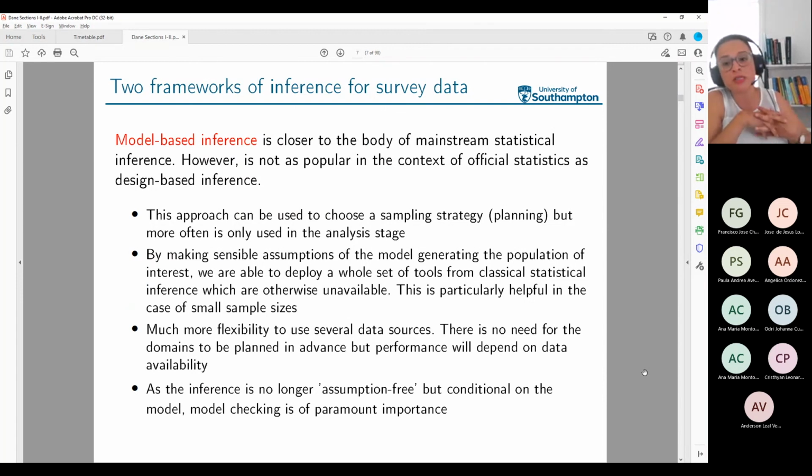Mainly, people use model-based inference for the analysis, after you have selected your sample with your standard tools, just as with design-based inference. Probably you use design-based inference for most things, and you just use model-based for the little bit where design-based inference was not enough. So for example, the HEIH is designed under a traditional design-based framework of inference.